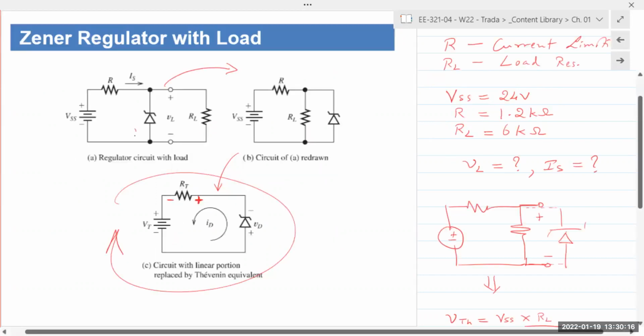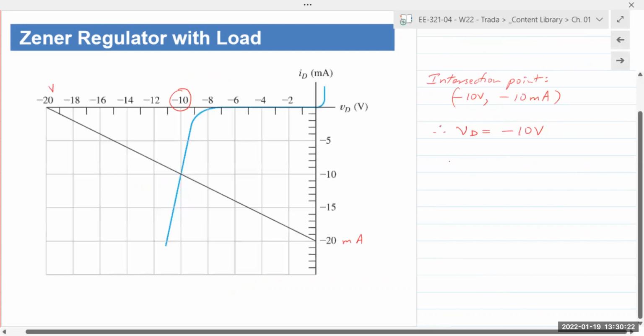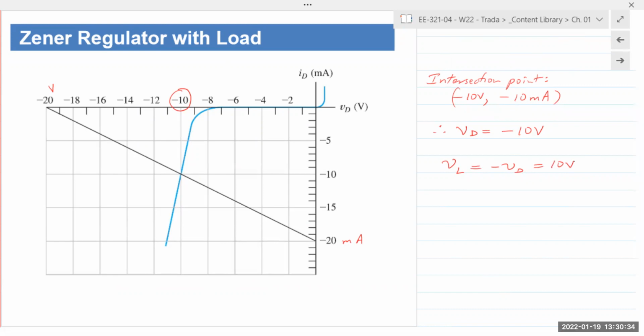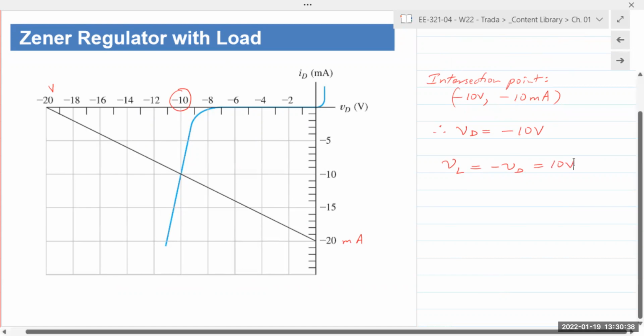VD is referenced this way, and VL is minus of VD. So VL is the opposite of VD. VD is minus 10, so VL is just plus 10 volts.